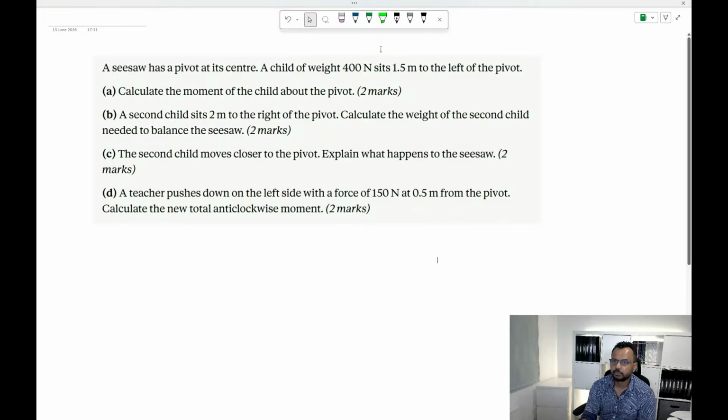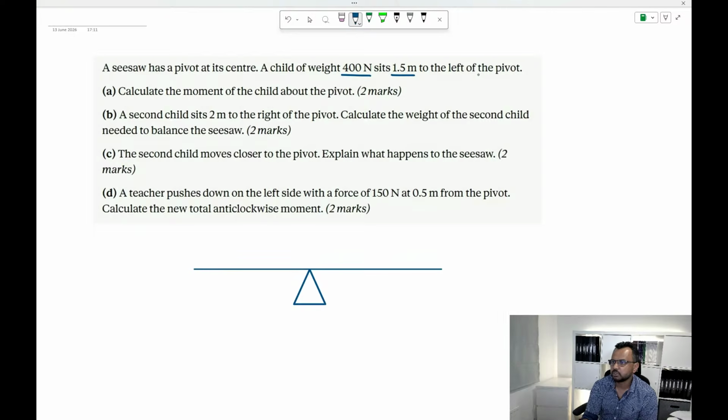Let's have a look. A seesaw has a pivot at its center. Okay, so just draw the seesaw like this, and it's pivoted at the center, so roughly there. A child of weight 400 Newtons sits 1.5 meters to the left of the pivot. Okay, so he is the person.